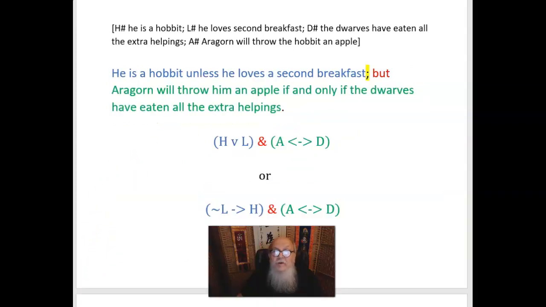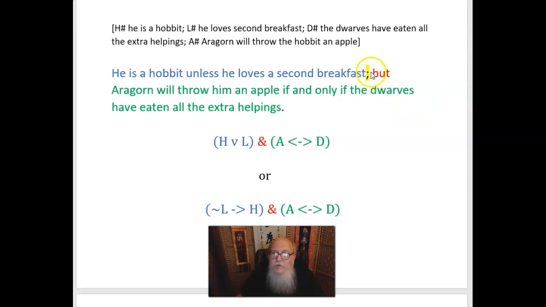And now let's think about this one, right? Still thinking about that celebrated incident on the way to Weathertop when Aragorn threw an apple to the two hungry hobbits, right? He's a hobbit unless he loves a second breakfast. But Aragorn will throw him an apple if and only if the dwarves have eaten all the extra helpings, right?